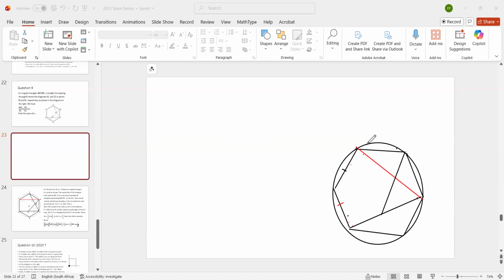Let's use the same symbols that the question had.